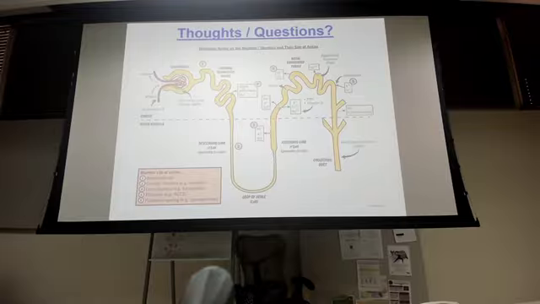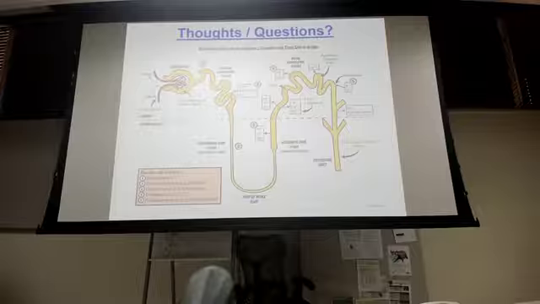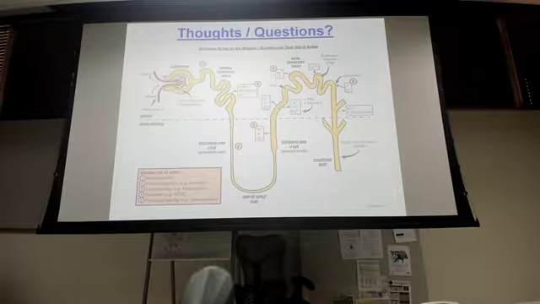If my diuretic acts closer to the glomerulus versus over here on the far right, down in the distal collecting tubule, am I going to be a weaker diuretic closer to the glomerulus or stronger? Weaker, because what happens as you move down that system? Compensatory mechanism.